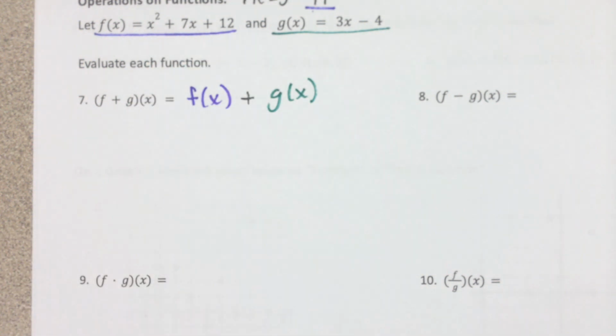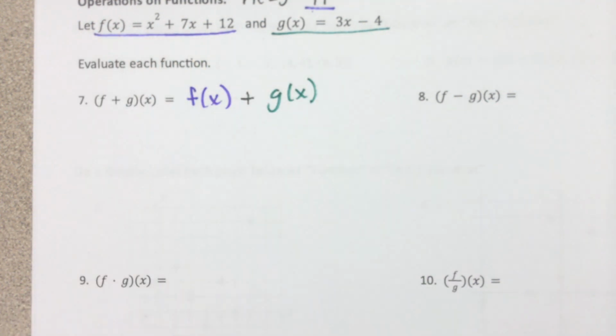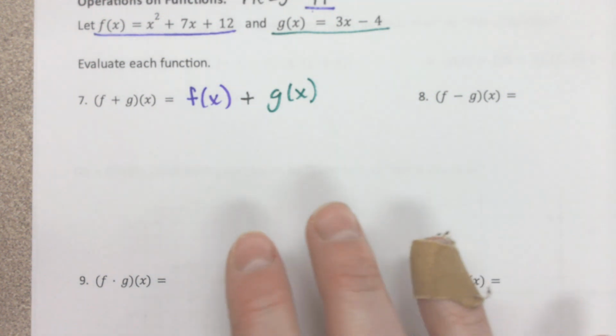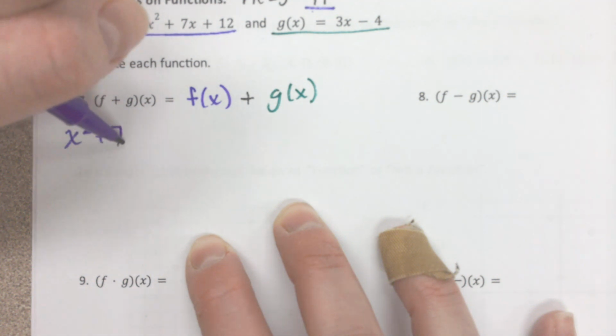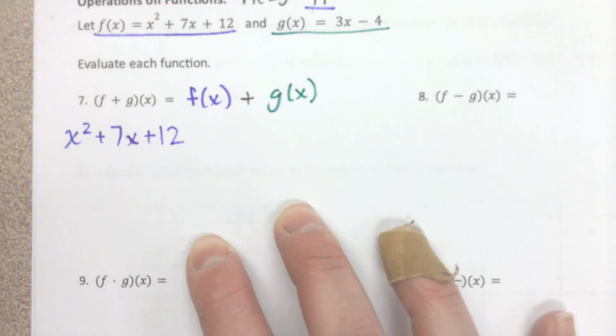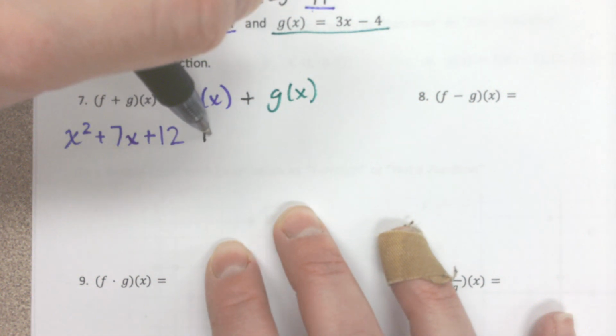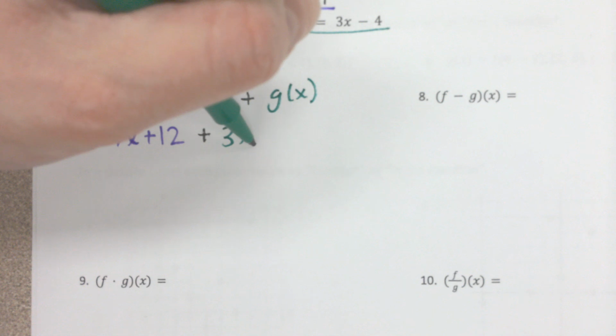That's it. I'm going to replace f and g with their equations because I can't add physically the f and the g together. So let's bring in their equations instead. F of x is x squared plus 7x plus 12 plus g of x, which is 3x minus 4.